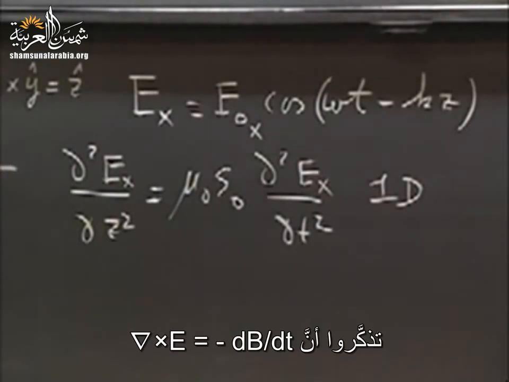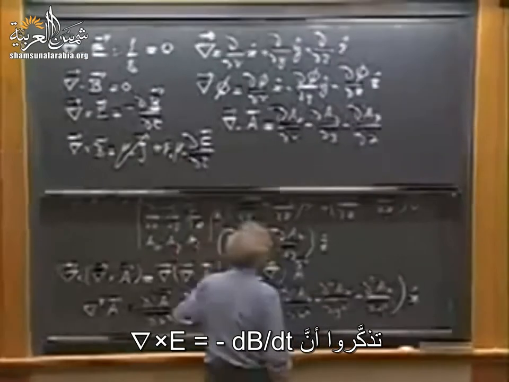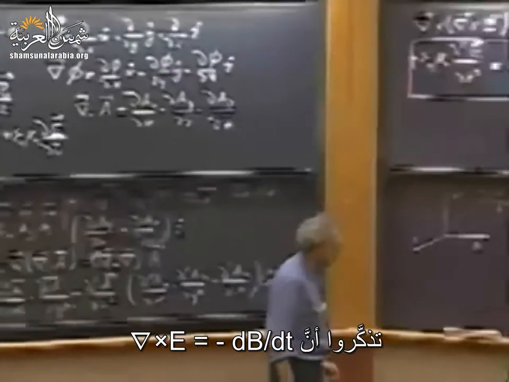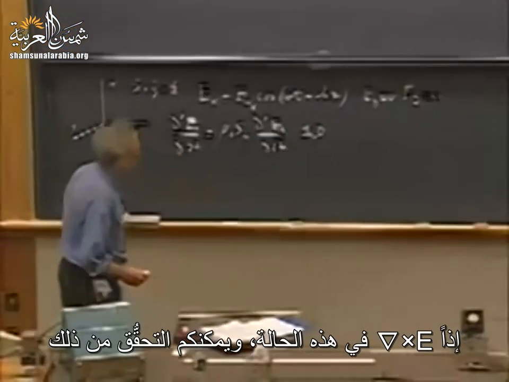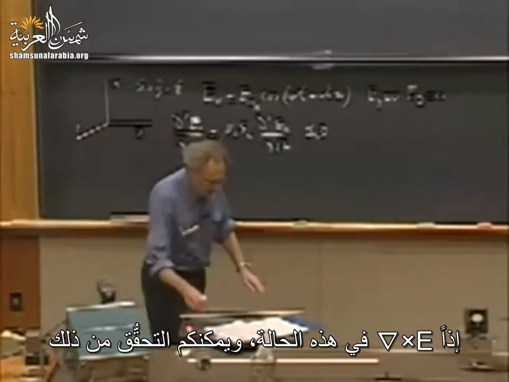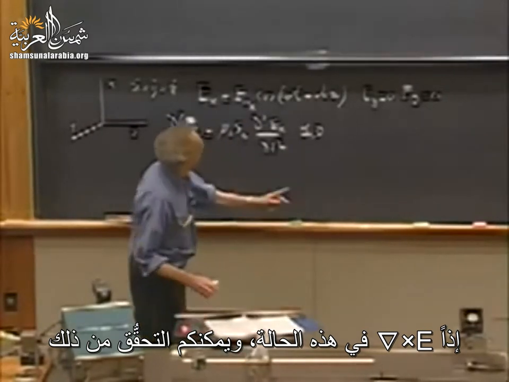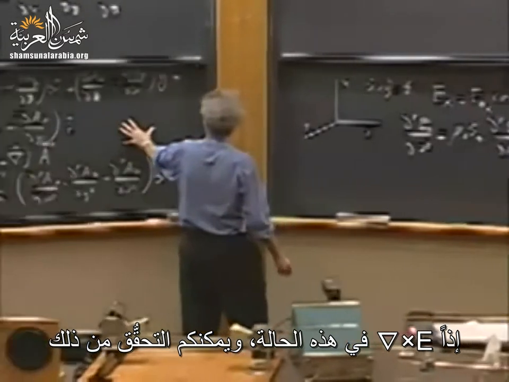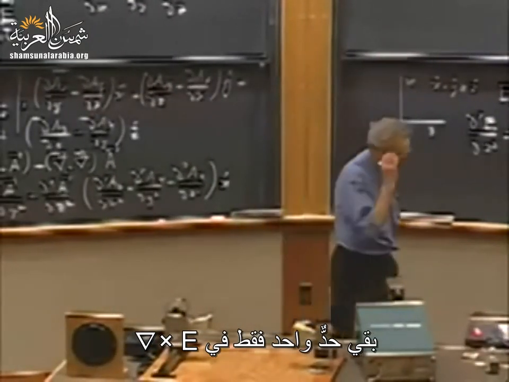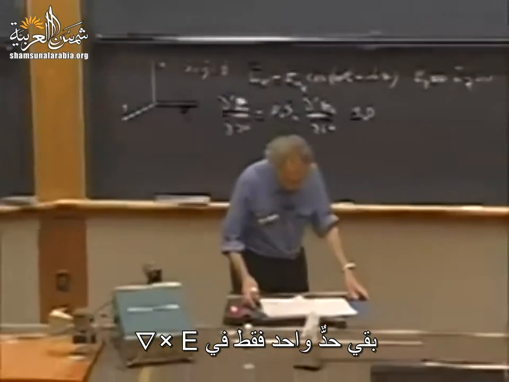Now remember that the curl of E is minus dB dt. So the curl of E, in this case, and you can check that because you know what the curl is. You have the curl, here is the curl. The curl of E, there's only one term that survives.